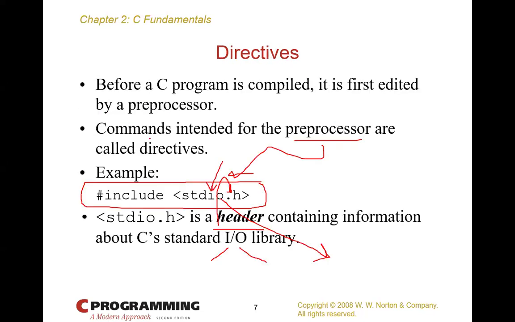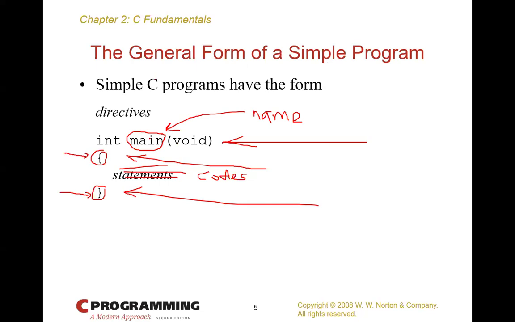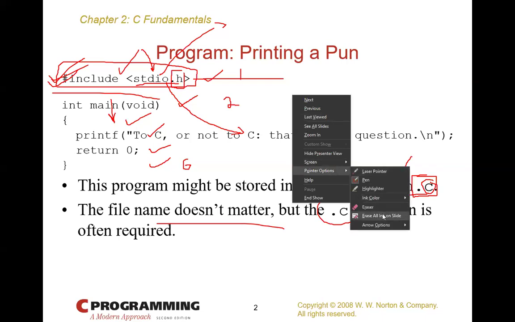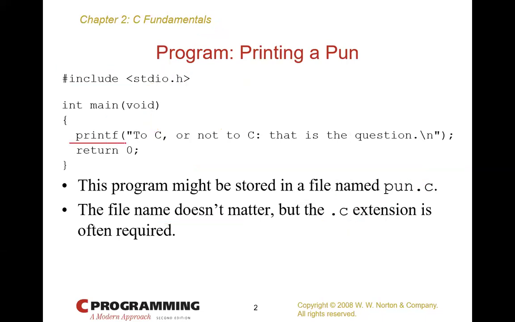Okay, let's look for an example. If you look here, this print statement is a library function. The printf is a library function because it's a function that does a job, but it has been provided for us right from the factory.